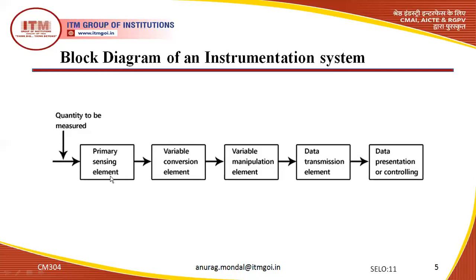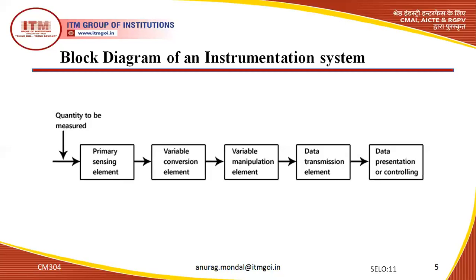Now, in the previous example, I was controlling the temperature of a reservoir. So the temperature is the measured quantity, and that measured quantity is measured by the RTD. So we can say the primary sensing element is nothing but the RTD. RTD is nothing but a resistance, and depending upon the temperature, the resistance value changes.